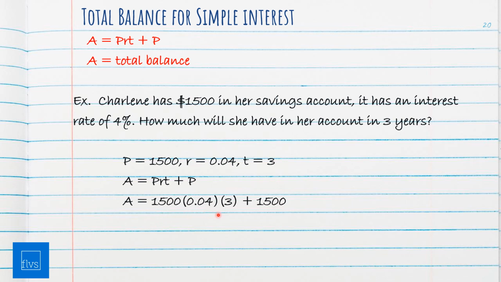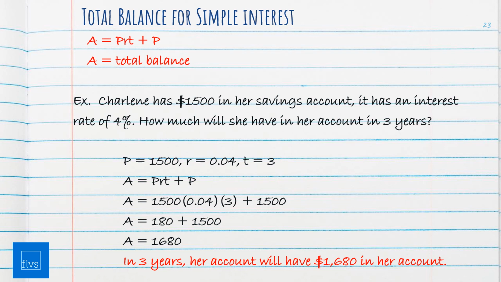So we multiply these three, we get 180, and then plus 1,500, we get 1,680. So in 3 years, her account will have $1,680 in her account.